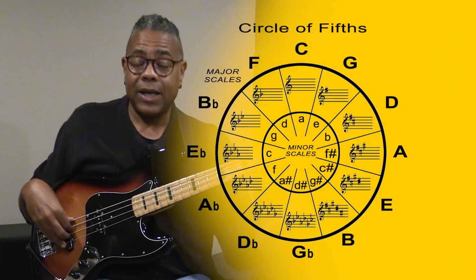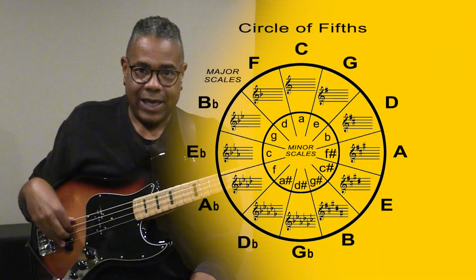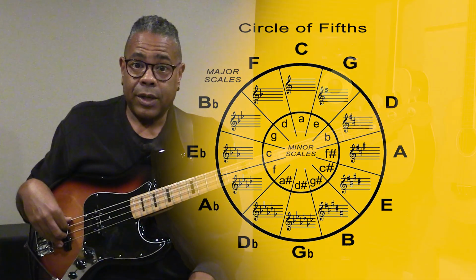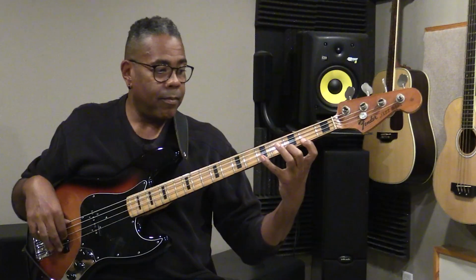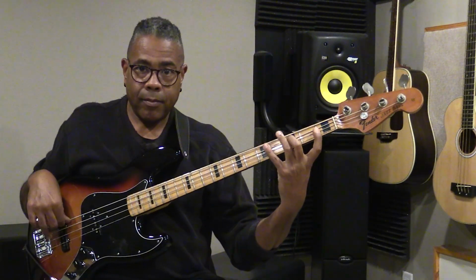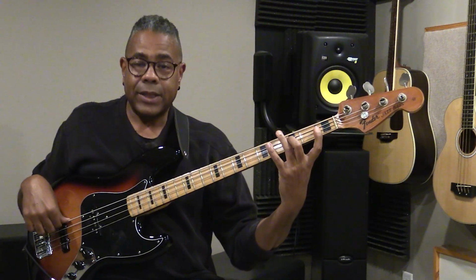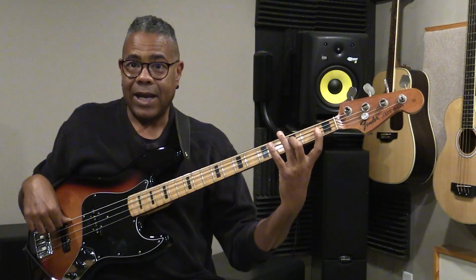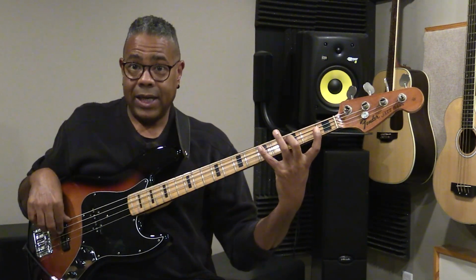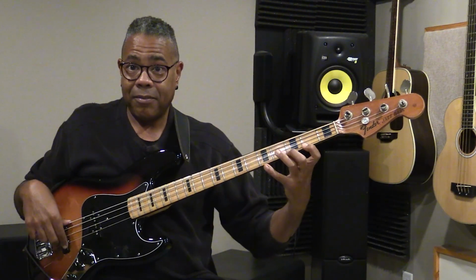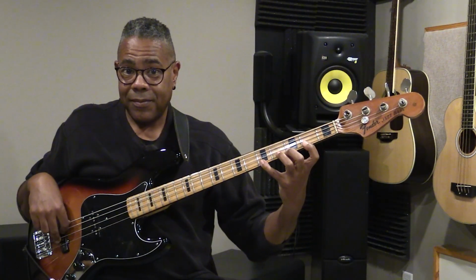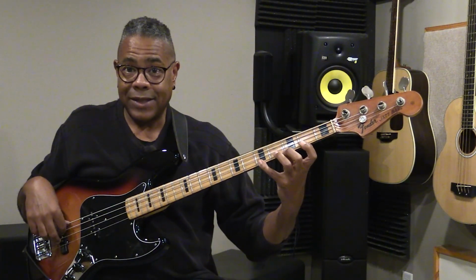If you look at the circle of fifths, it's identified as a flat key. But if we were to go with the C Dorian of that key, the notes would be the same. So instead of B flat, C, D, E flat, it would simply start from C: C, D, E flat, F, G, A, B flat. And notice that the root becomes the seventh note of that scale.